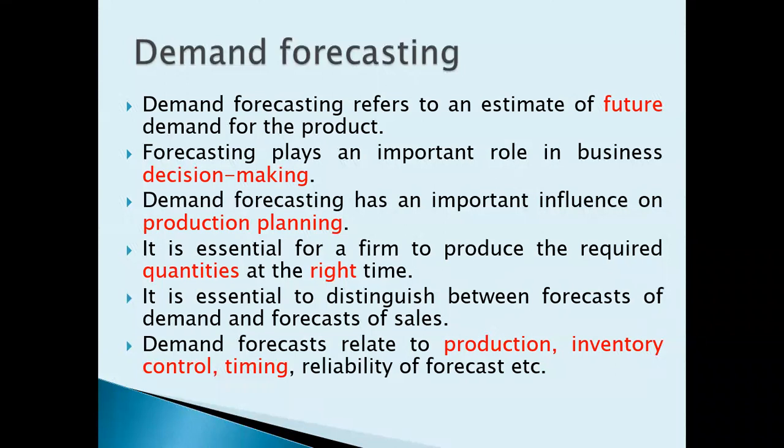उसके बाद डिमांड फोरकास्टिंग आल्सो इंपॉर्टेंट रोल इन द प्रोडक्शन प्लानिंग. प्रोडक्शन लेवल डिसाइड करने के लिए डिमांड फोरकास्टिंग जरूरी है. Then demand forecasting is also essential for a firm to produce a required quantity at right time. Required quantity at right time means what? During the Diwali season, what to be produced and how many quantities to be produced.